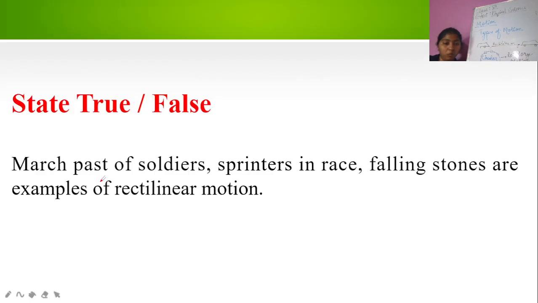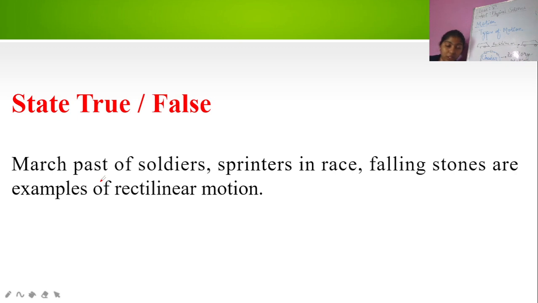So let's come forward. There is a true and false. March past of soldiers, sprinting in race, and falling stones are examples of rectilinear motion. Is this statement correct, that is true, or incorrect, that means false?